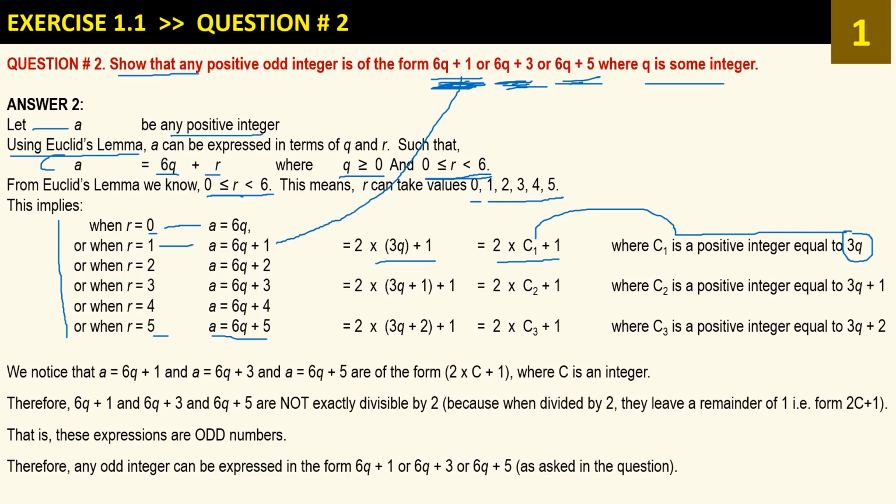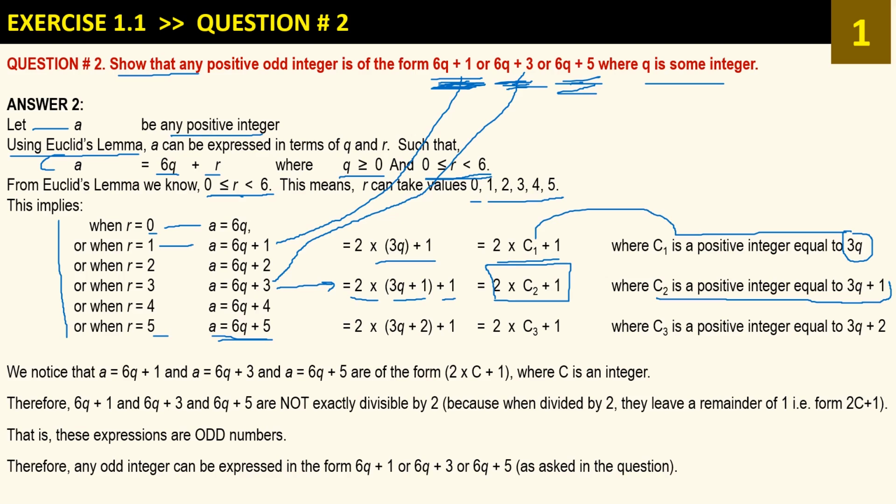Similarly, let's focus on the other form, 6q plus 3. Decomposing it further, we get a is equal to 2 times 3q plus 1, and then plus 1, which again is of the form 2 times c2 plus 1, where c2 is a positive integer equal to 3q plus 1. Then let's look at the next form, 6q plus 5.